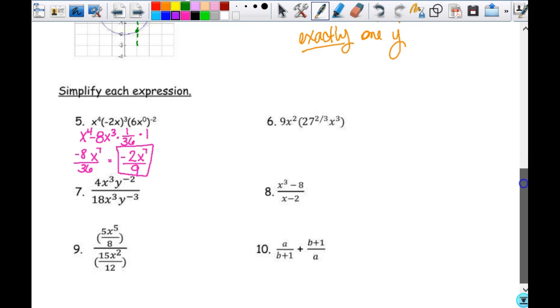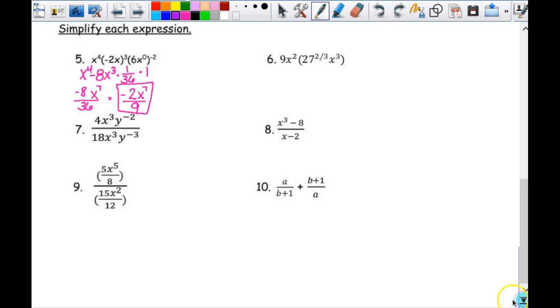So over here, got 9x squared times 27 to the 2/3, x cubed. Okay, so I'm going to start by rewriting the 9x squared. I'm going to come over here, and we're going to look at this 27 to the 2/3 power, because there's 2 different ways to look at this.